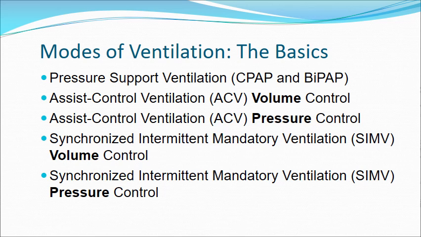Synchronized intermittent mandatory ventilation, or SIMV, gives the patient more control over their breathing. And this is used as a recovery mode to help the patient develop normal breathing again, enhance the strength of their intercostal muscles, and it also has a volume mode and a pressure mode.